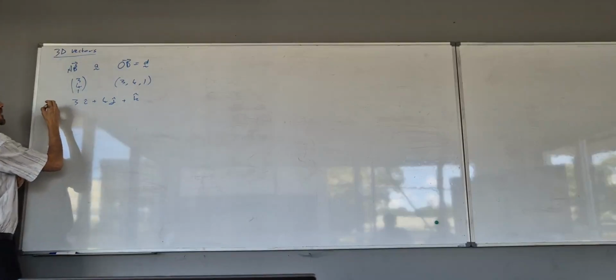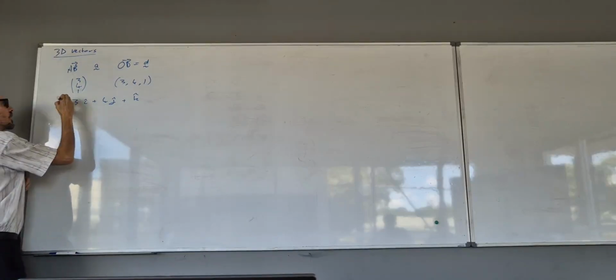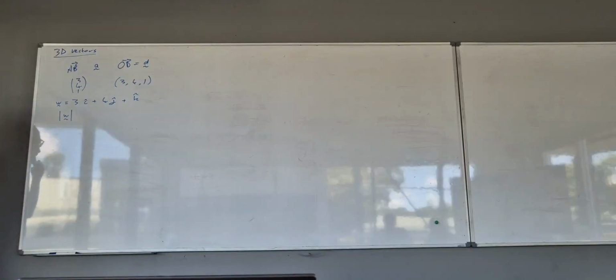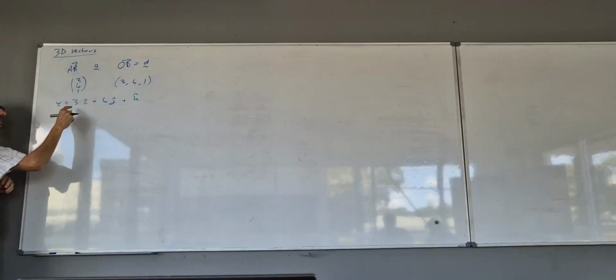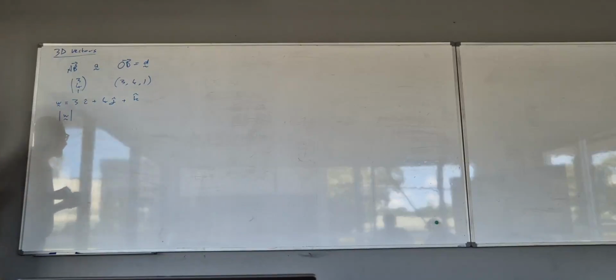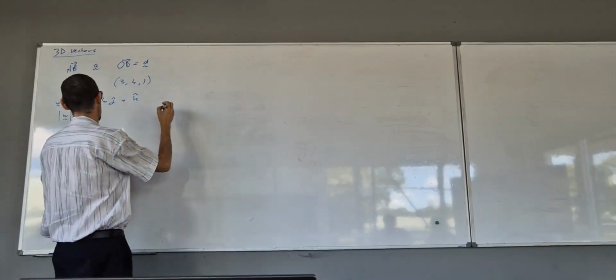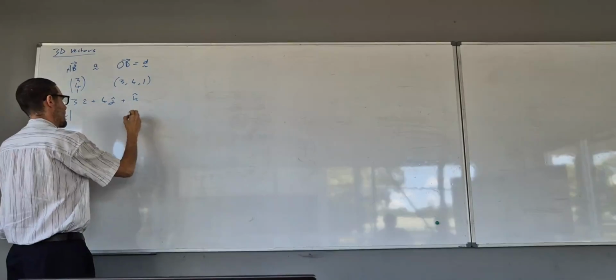Magnitude. If this is W, I can find the length of W. How do I find the length of a 3-dimensional line segment? I will attempt to draw it. I'm not very good at drawing 3D, but I'll have a go.